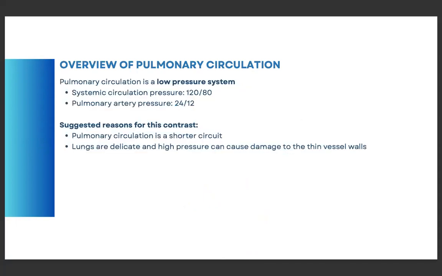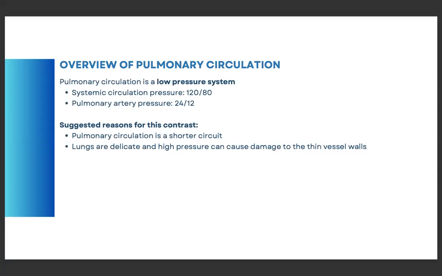So the pulmonary circulation is a low pressure system. Recall that the systemic blood pressure is about 120/80 under normal conditions. The pulmonary artery pressure, in contrast, is about 24/12. There are several reasons it's lower, but the two most important suggested reasons are, first, it doesn't need to go as far.